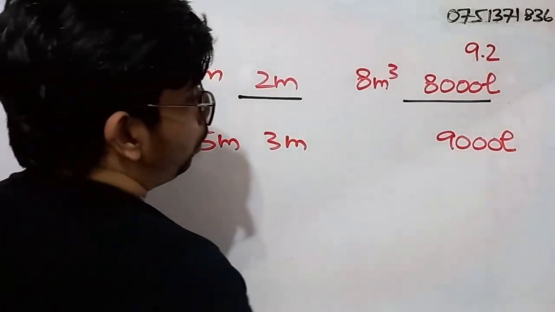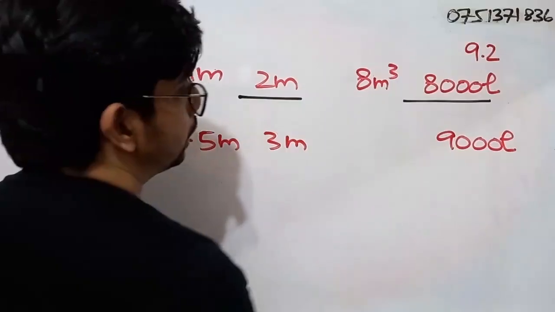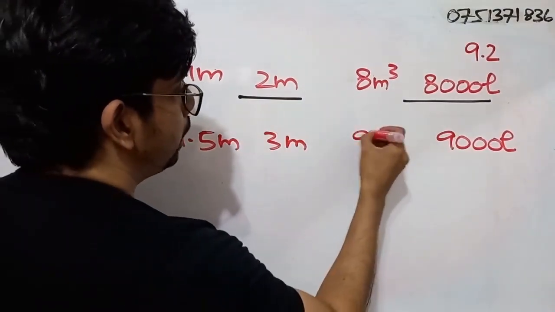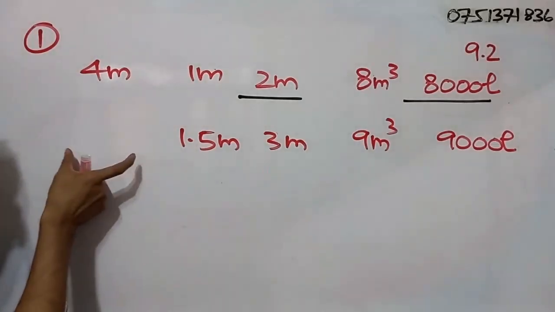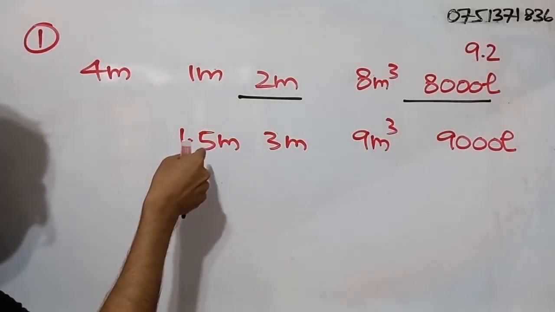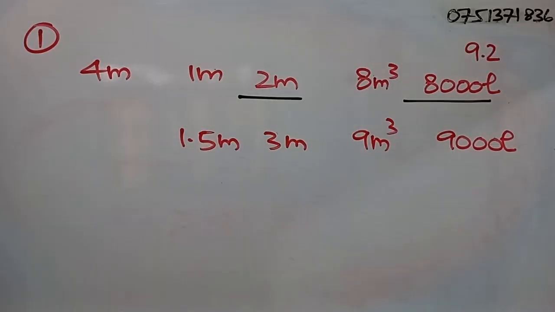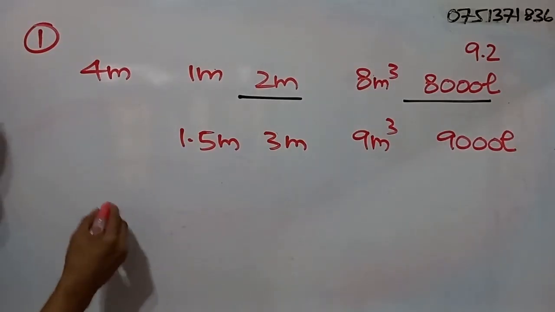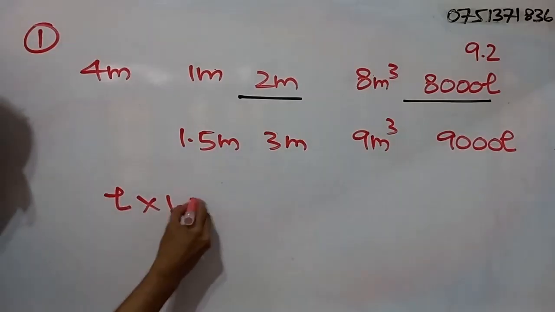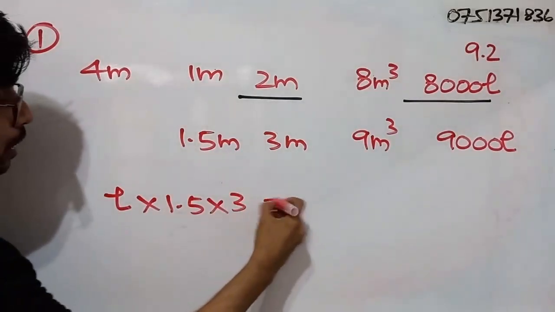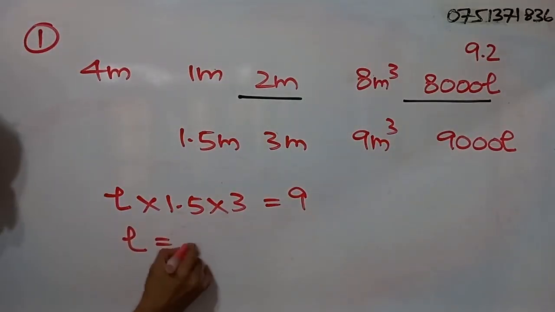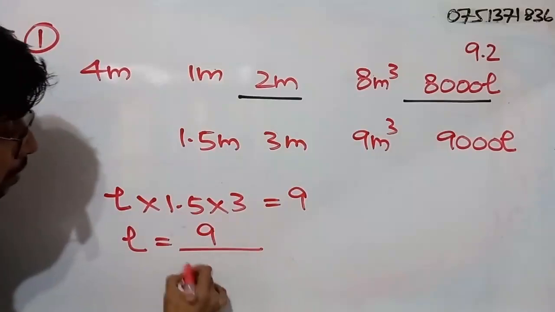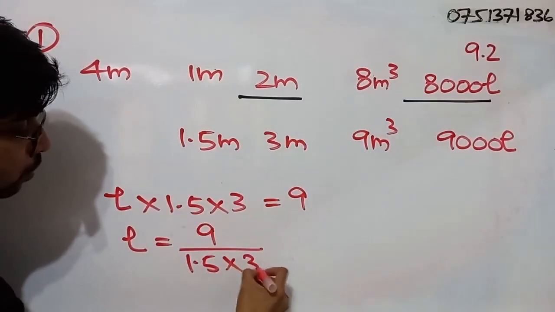Right, so in the next row, we have been given the volume in liters. So 9000 liters means 9 cubic meters. So we need to find the length. So we have been given width and height. If we take the length as L, L into 1.5 into 3 is equal to 9. So L is equal to 9 divided by 1.5 into 3.